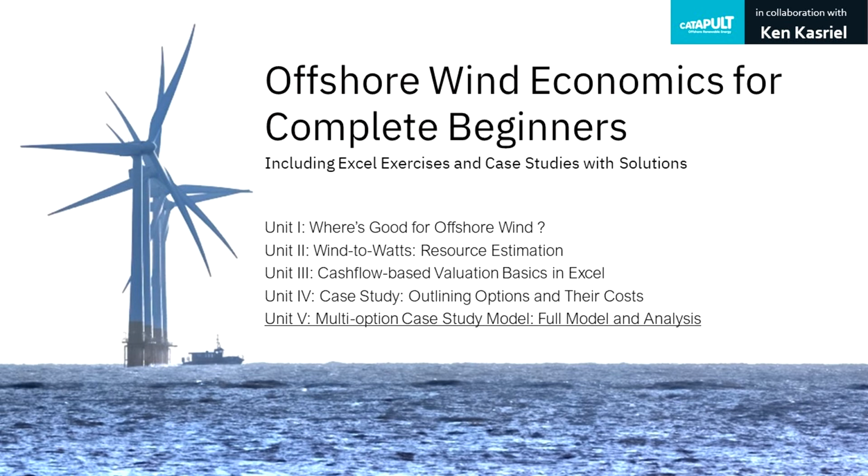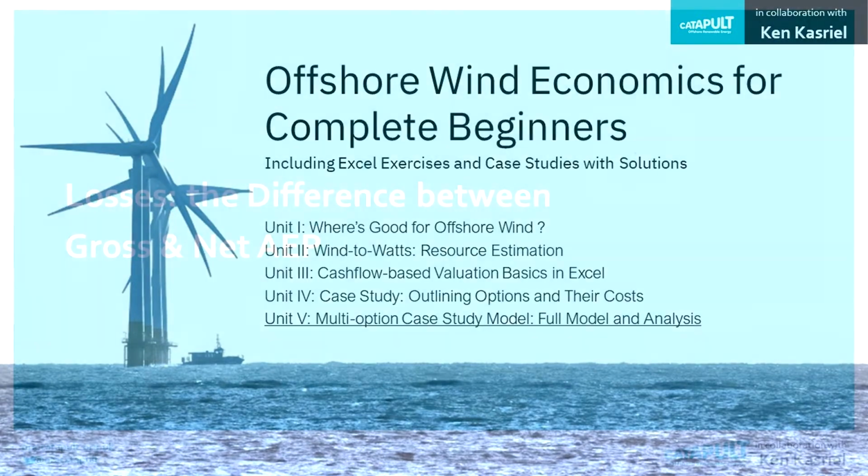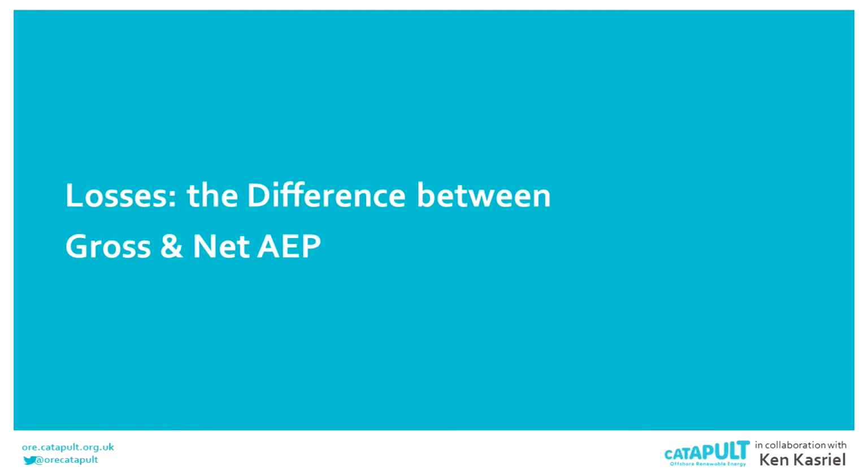The few remaining coding bits which we did not cover in Unit 3, we explain here. For example, this section of the Unit 5 model for power losses. Basically, your gross single turbine AEPs from Unit 2 will get multiplied by the number of turbines here to give you gross total farm AEPs.